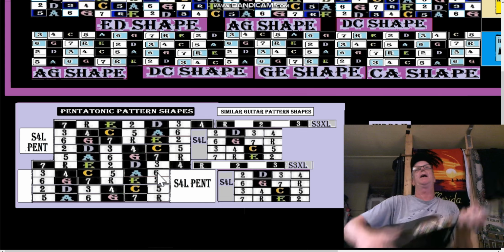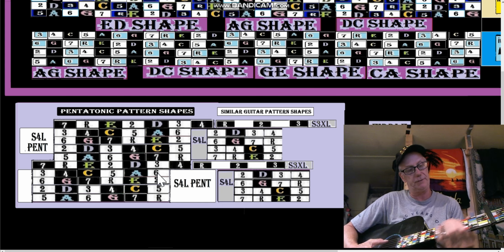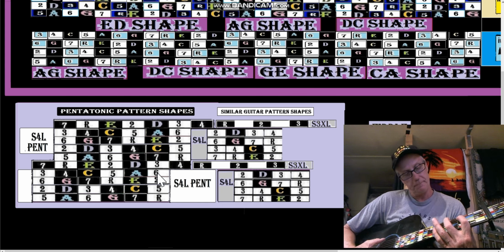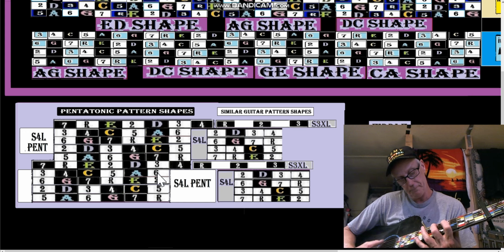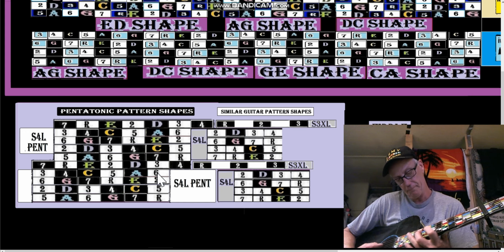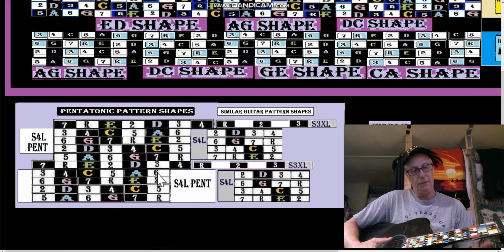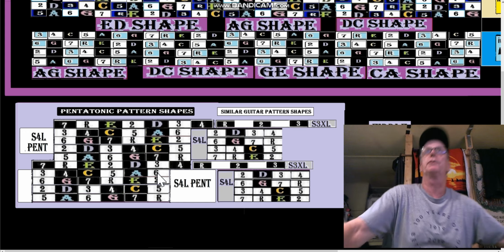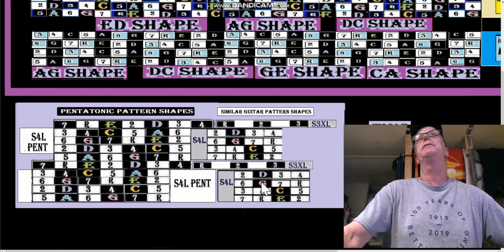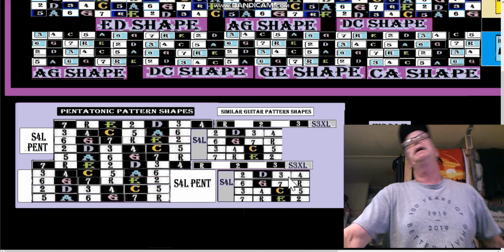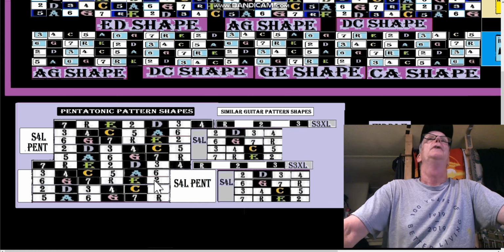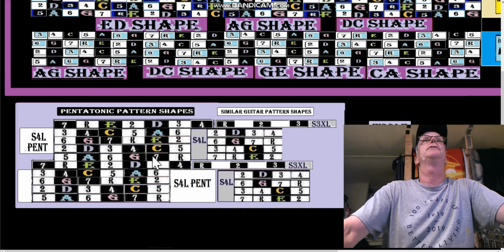I can't play it on this guitar because the intervals are different. Okay? So it's the same kind of back and forth relationship. 2 over here, 1 over here, 2 over here, 2 over there, you know? So that was something I just thought I'd show you.